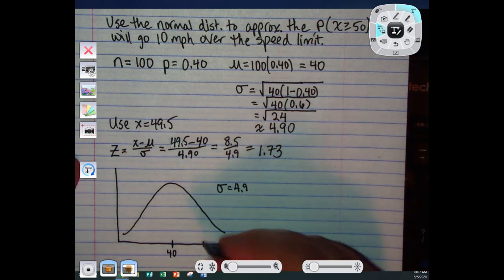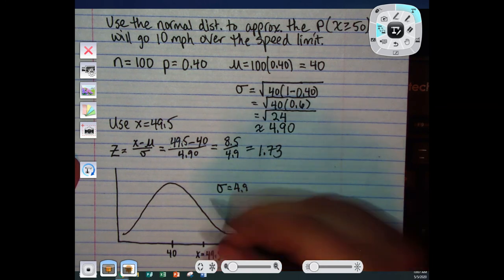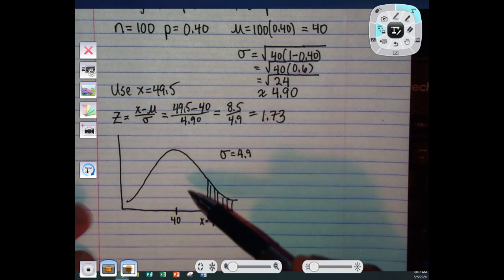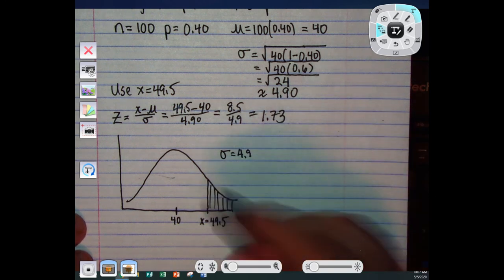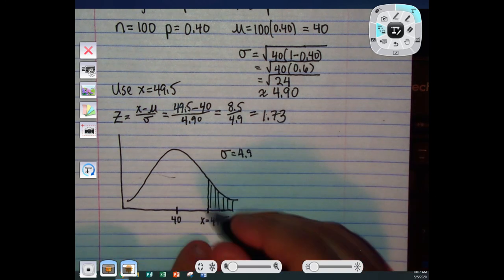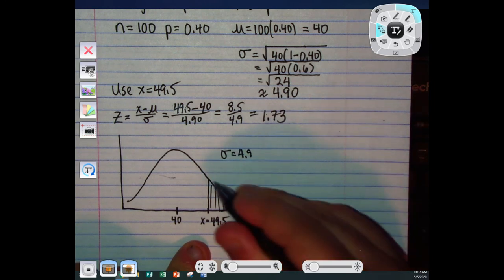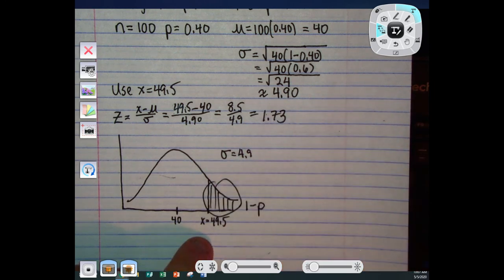Because we're using an x value of 49.5, and I want to know everything greater, remember that for normal, the area under the curve represents the left. So to do anything to the right, we have to do 1 minus the probability that would represent this area.